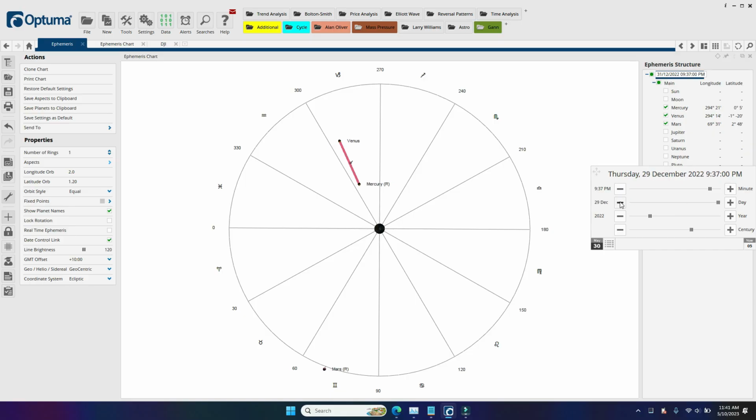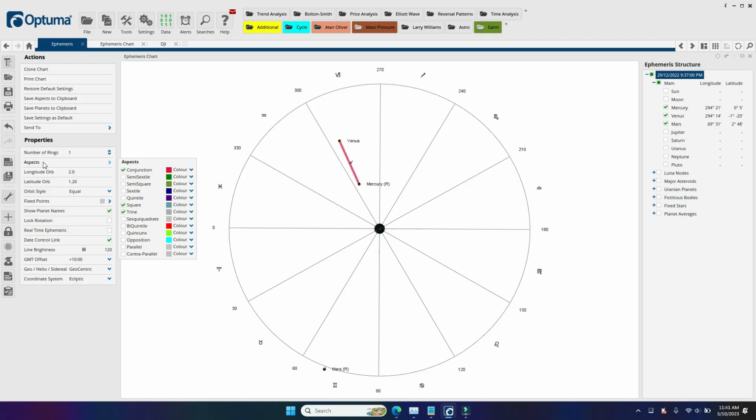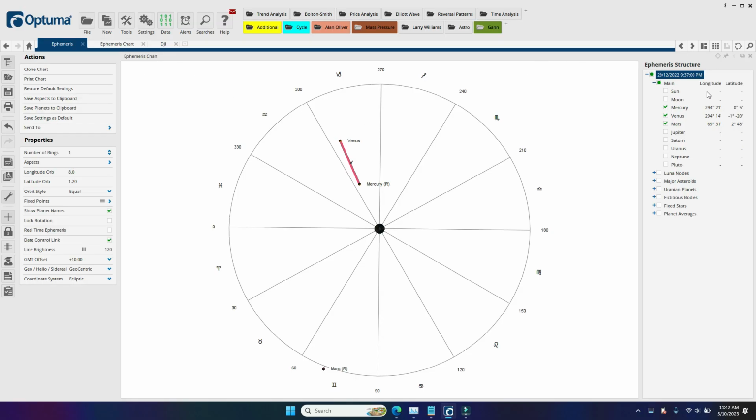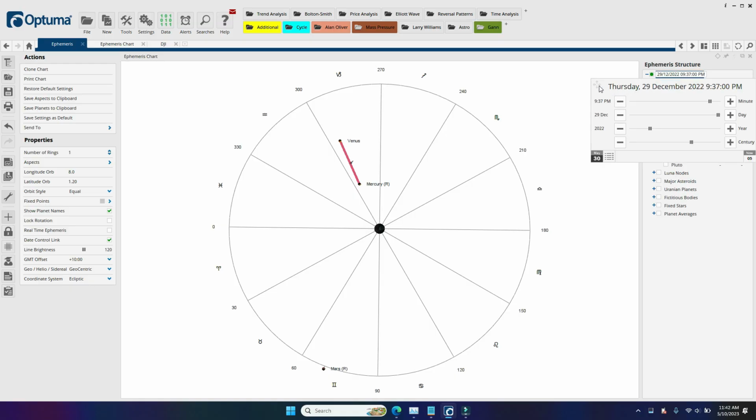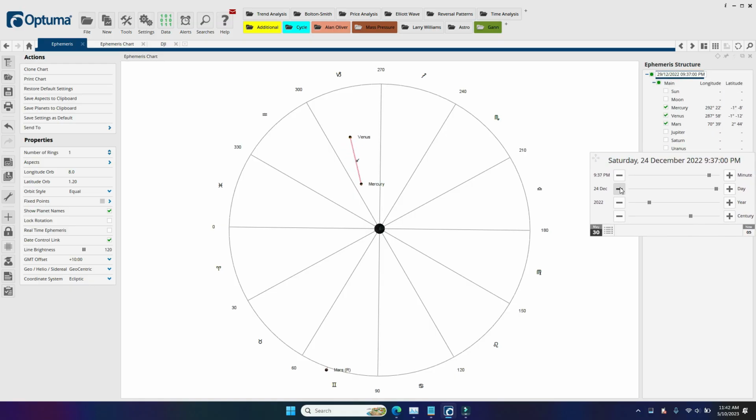But based on our software, I use a bit of a more accurate aspect here where we have an orb period of about 2 degrees. If I was to change this to 8, so now I've changed that to 8 degrees, we can see that the orb period lasts a lot longer now. This whole period actually, they're basically in orb the whole time. And that's basically because of the speed of the planet there.